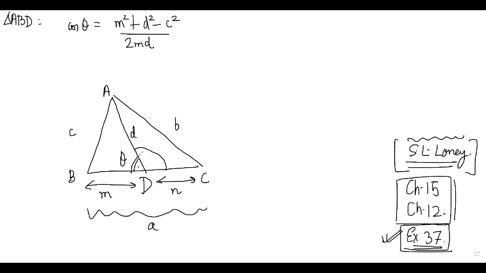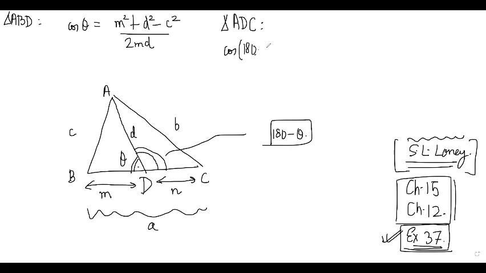Look at this angle. This angle is 180 minus theta. So in triangle ADC, I will do cosine rule on that angle. Cos 180 minus theta will be equal to n square plus d square minus b square by 2nd. See how I am applying cosine rule? Now cos 180 minus theta can be written as minus cos theta.